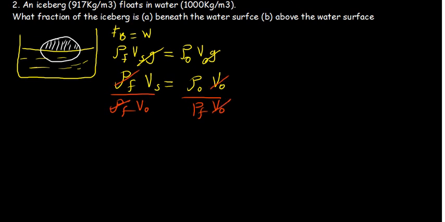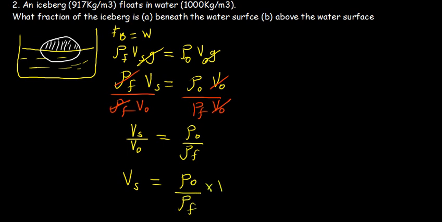So we remain with the volume of the solid over volume of the object equal to density of the object over the density of the fluid. Let me multiply both sides by the volume of the object. So the volume of the solid is equal to the density of the object over the density of the fluid multiplied by the volume of the object.